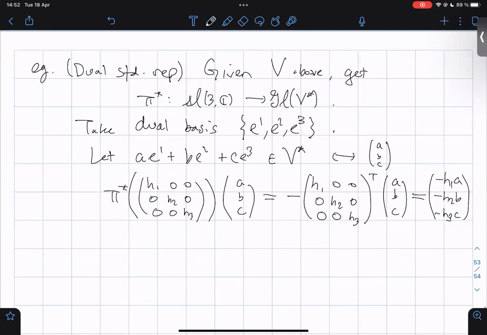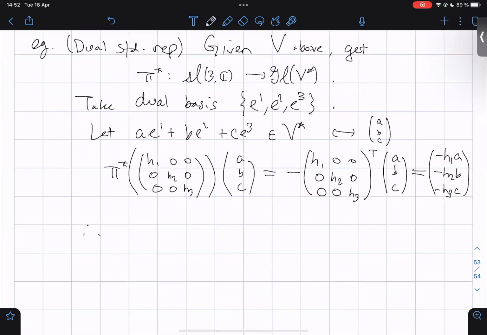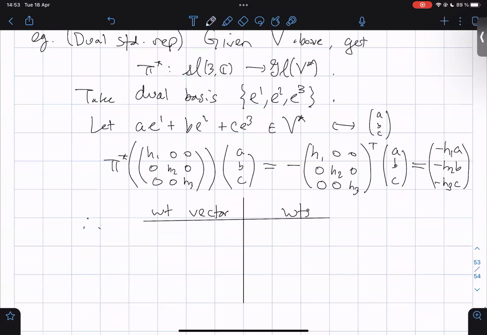Okay, so again, we could give our classification of weight vectors and the corresponding weights. Here the dual basis elements are the weight vectors. What are the corresponding weights?